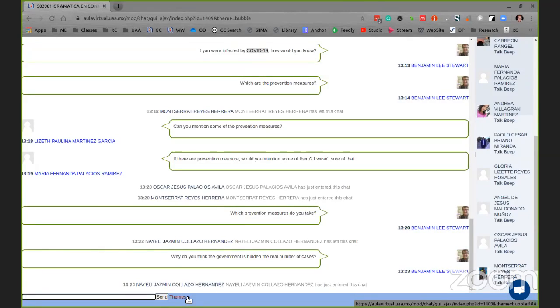Pay close attention to the verb tense. You actually have a couple of options with regard to the verb tense. So think about which verb tense you would like to use.